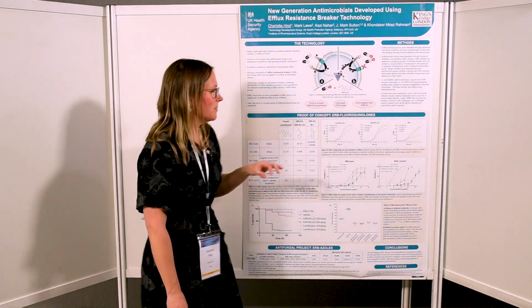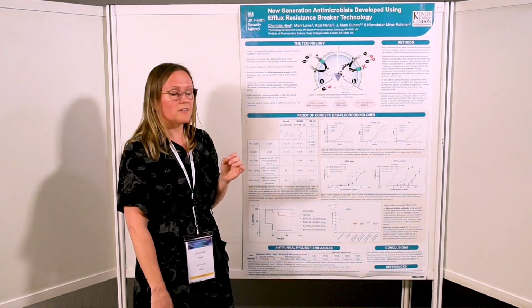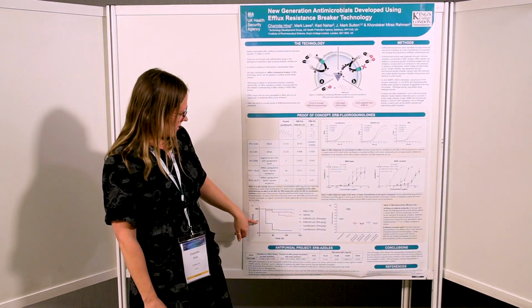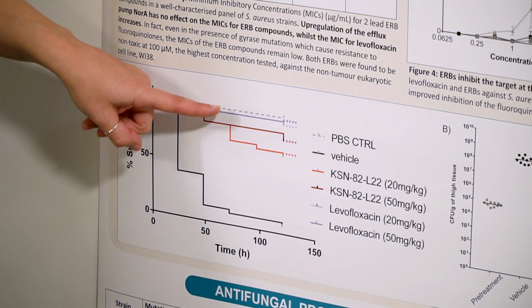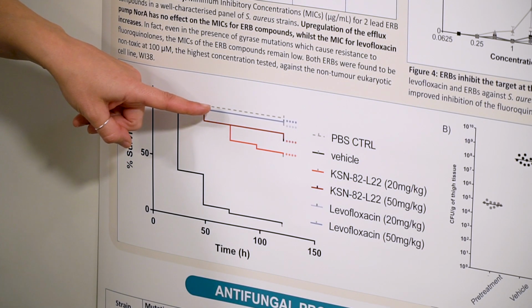This suggests that the compounds with this additional little pharmacophore are binding slightly differently to the target. And when we've done resistance evolution studies, we've seen mutations in a different part of the gyrase, so they're kind of confirming that result.